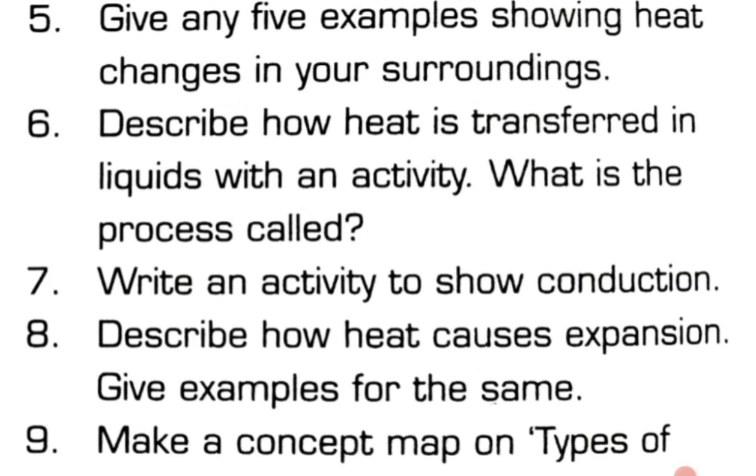In this activity, you have to take a beaker with water and put it on a tripod stand above a burner. Now drop a few crystals of potassium permanganate in the beaker in a way that they fall close to one side of the beaker. Next you have to light the burner and heat the beaker just under where the crystals have fallen.